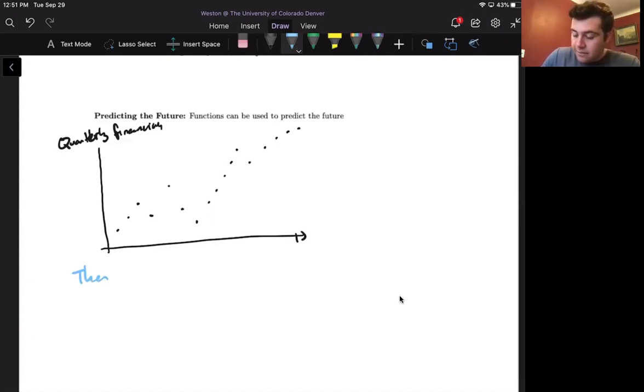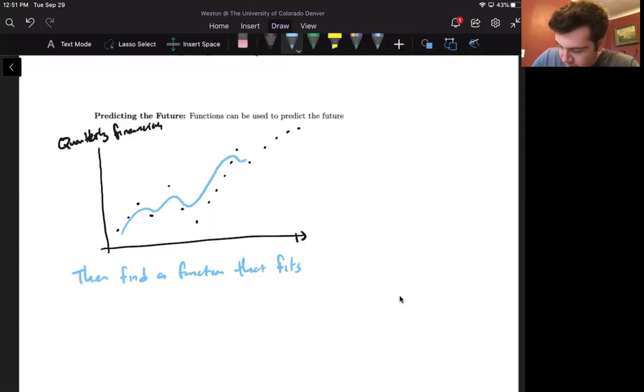So then find a function that fits. So maybe it's going to look something like, it's kind of increasing.